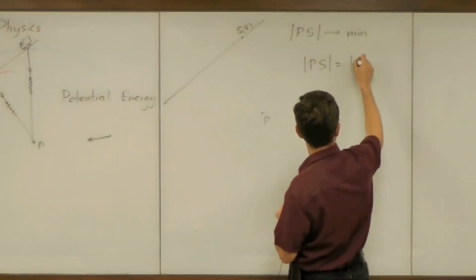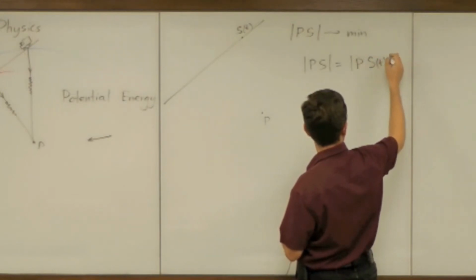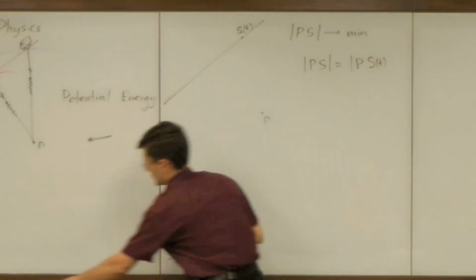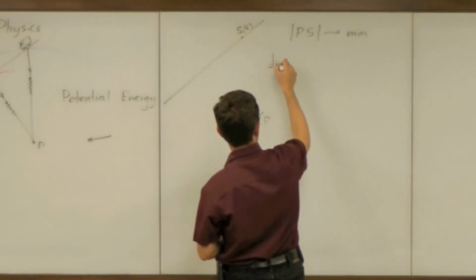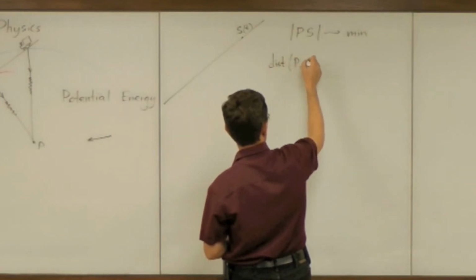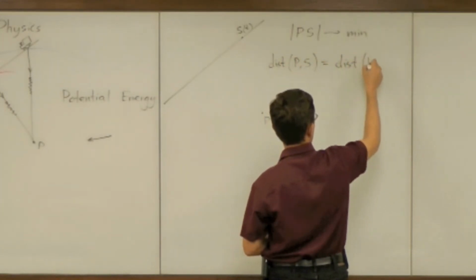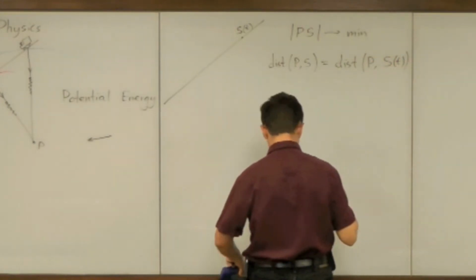So you can think of this, well, maybe I should switch notation at this point. Distance from P to S is going to be distance from P to S that depends on time.